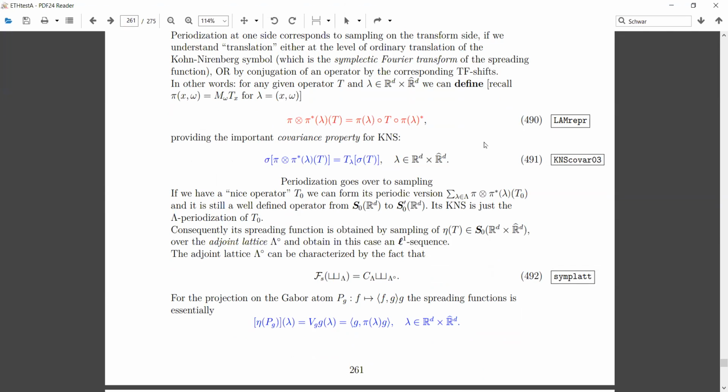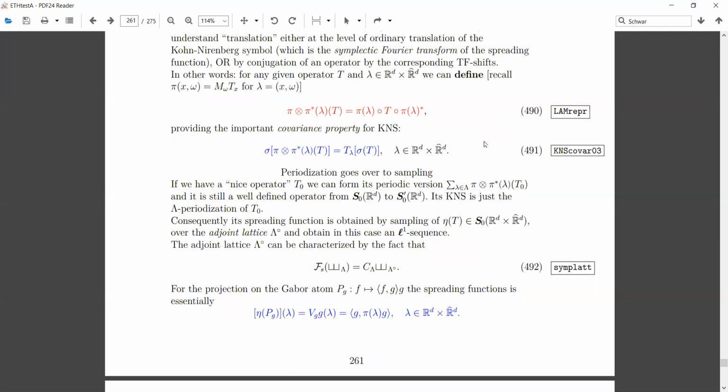Now, there is something like the analog of Fourier series expansion for operators. I was telling you that every operator has a spreading representation. And the good thing is that the spreading representation, as I showed in a MATLAB experiment, behaves nicely under time frequency shifts. If you conjugate your operator T with time frequency shifts pi lambda, a time shift and frequency shift, then you get a new operator.